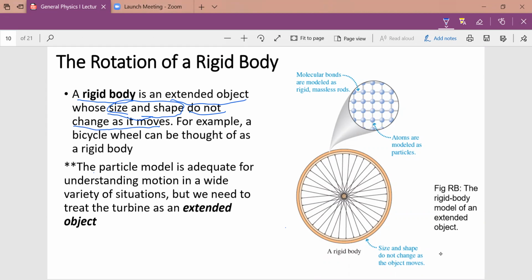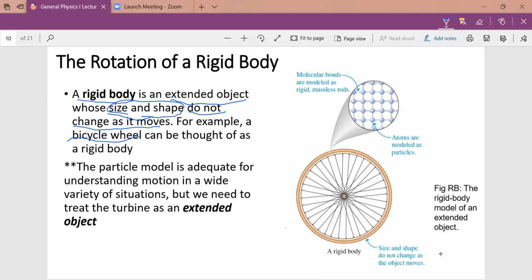Such an object is what we refer to as a rigid body. A typical example of a rigid body is the bicycle wheel. We see it move from one place to the other, but the size and shape do not change.